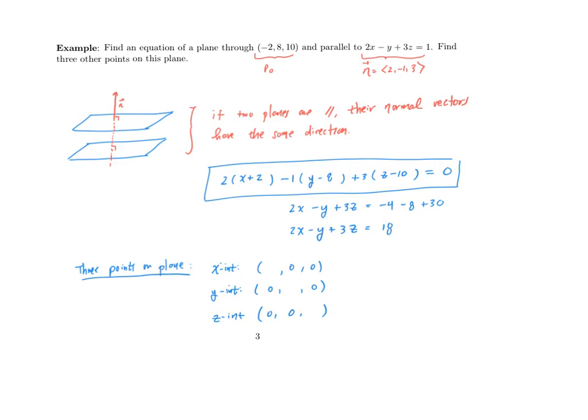So by inspection, we can say x is equal to 9. Similarly, if x and z are 0, minus y equals 18, so that y is minus 18. And if x and y are 0, it's 3 times 6, which will give you 18. So common points on a plane would correspond to the x, y, or z intercepts if the plane happens to intersect those axes, because note it doesn't always have to.